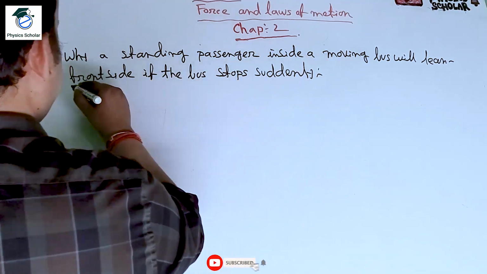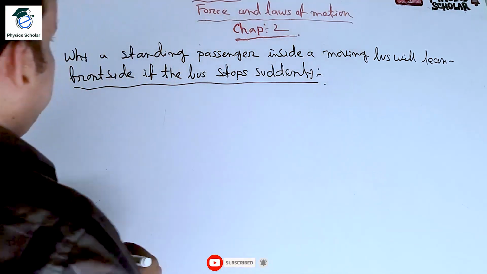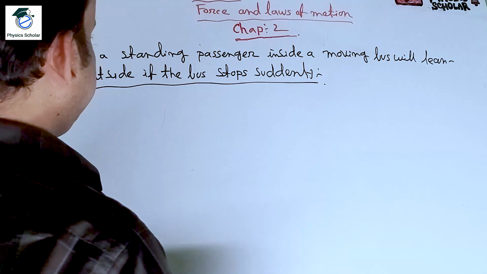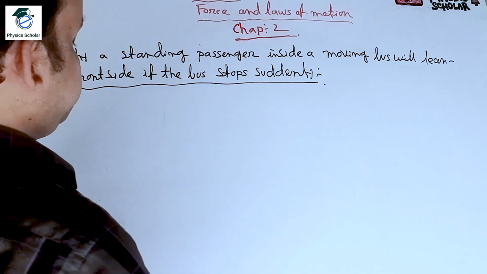Why will a standing passenger inside a moving bus lean front if the bus stops suddenly?